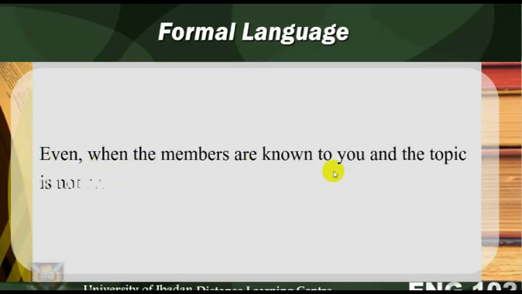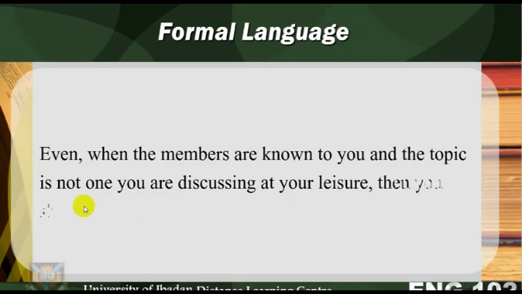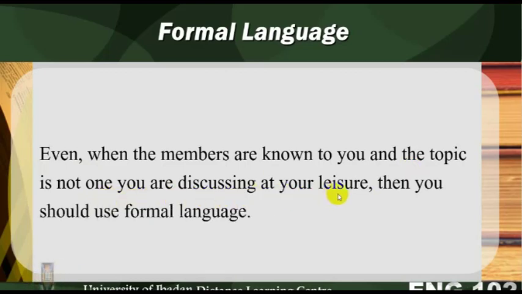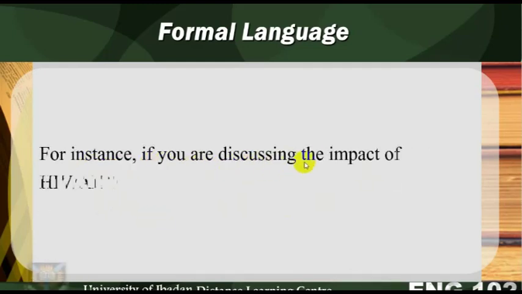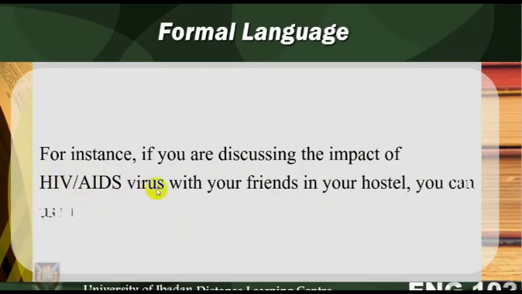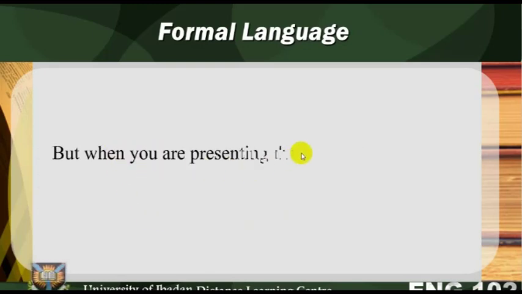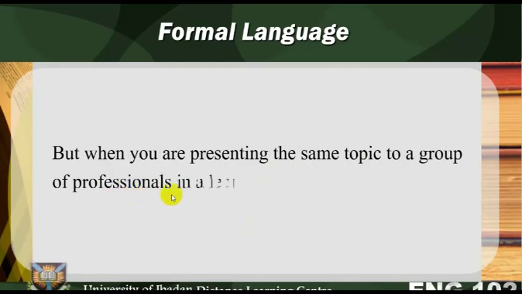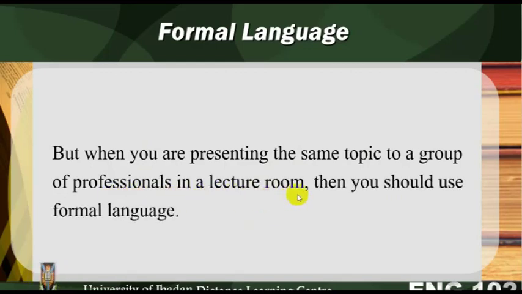Even when the members are known to you and the topic is not one you are discussing at your leisure, then you should use formal language. For instance, if you are discussing the impact of HIV/AIDS virus with your friends in your hostel, you can use informal language. But when you are presenting the same topic to a group of professionals in a lecture room, then you should use formal language.